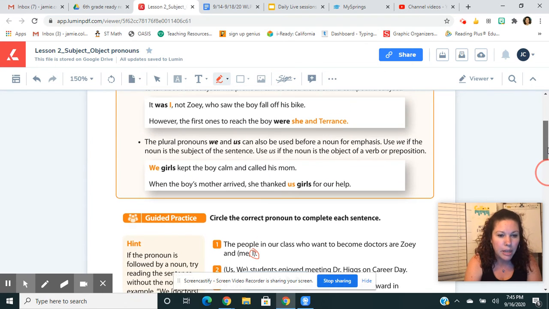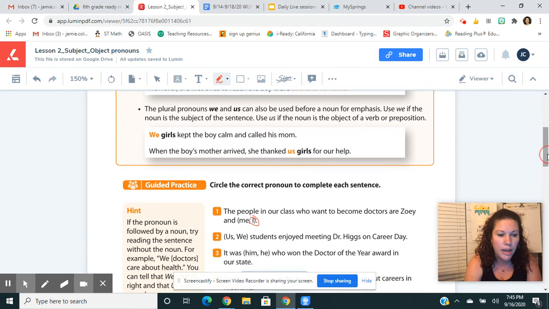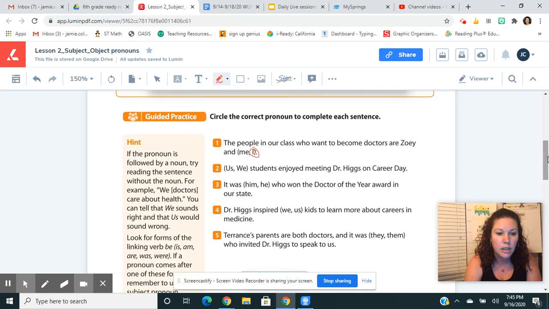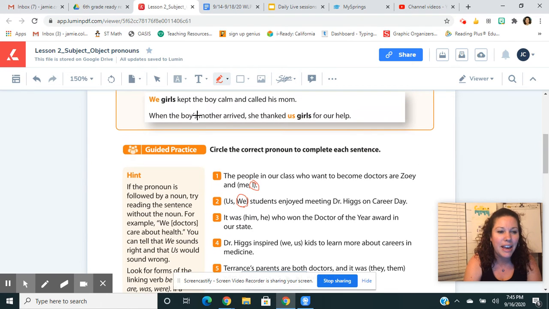If we go back up here, we use we when the noun is the subject, or we use us when it comes after a verb. So it is we. We students, because it is not linked to a verb, so we're going to use the word we.